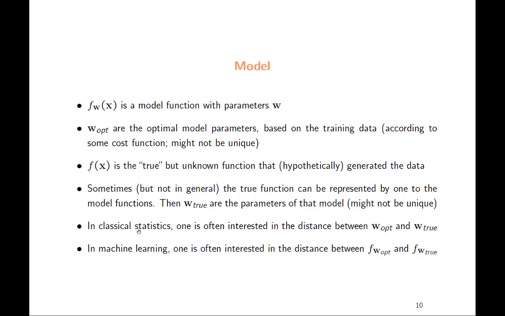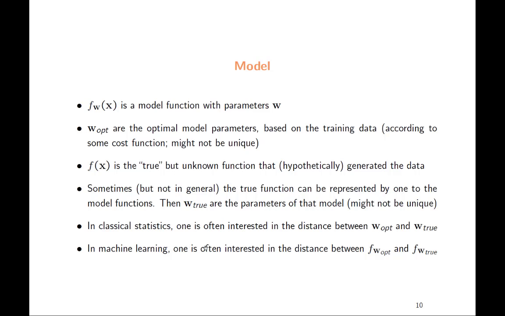Also, there's an interesting difference to statistics. Of course, statistics has a lot to do with machine learning, but culturally it's a different field with different goals, though of course there's a huge overlap. In classical statistics, one is often interested in the distance between the best parameter I get out of my training procedure and the true one. So this distance is of interest.